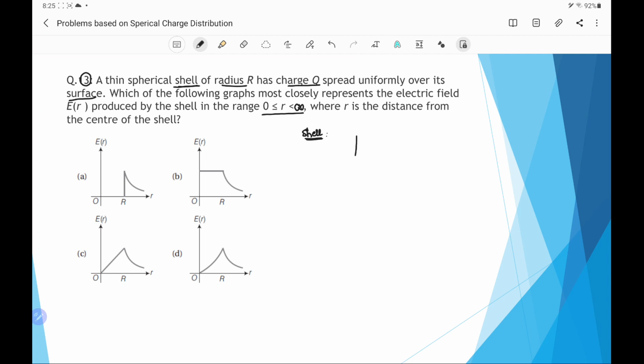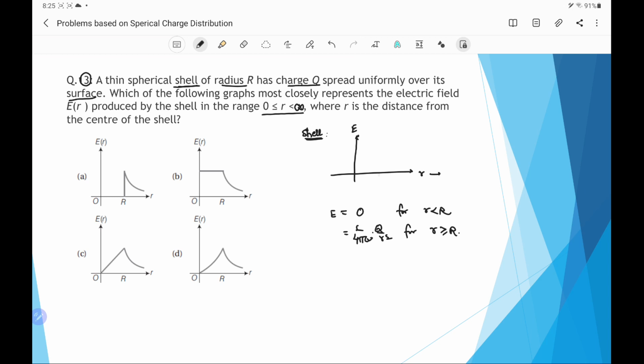Therefore, if we draw the graph of electric field with the distance from the center, we know E equals 0 for r less than capital R, and 1 by 4 pi epsilon naught q by r square for r greater than or equal to capital R. This we have already derived, for which you can see our videos.